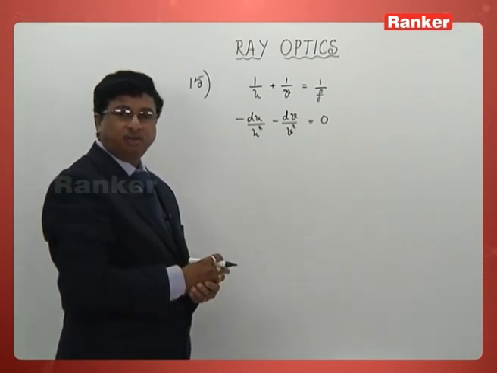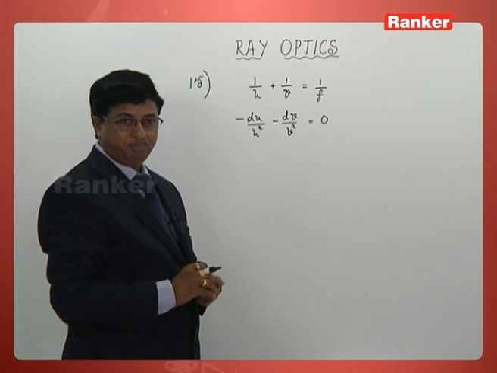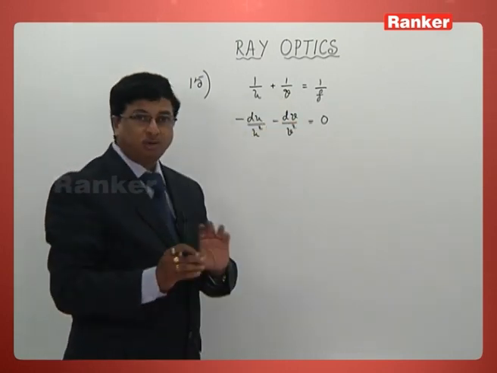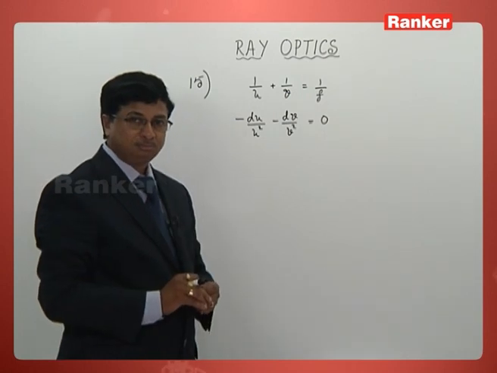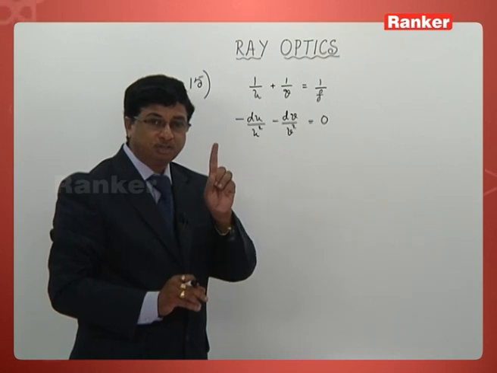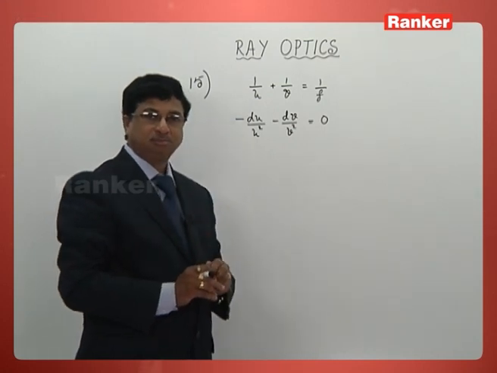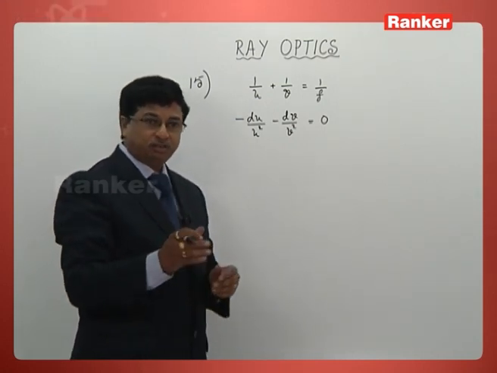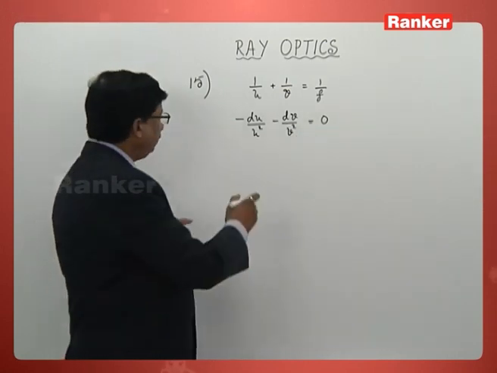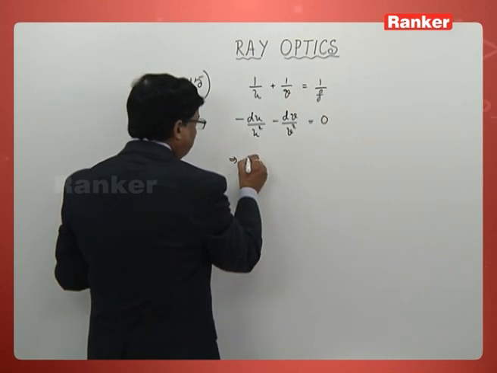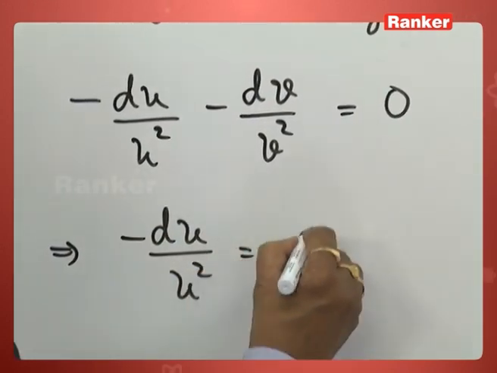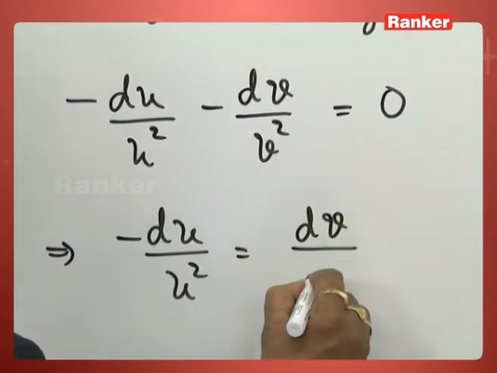Because you can understand well, in any case of a mirror, object distance and image distance both are variables, but focal length remains constant for that mirror in that medium. So for constants there is no differential value, you all know that well. So what can we write now from this? Minus du by u square is equal to dv by v square.